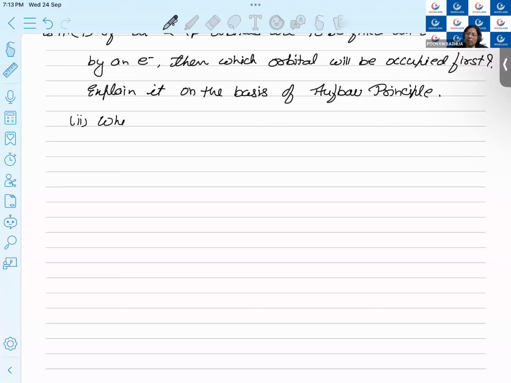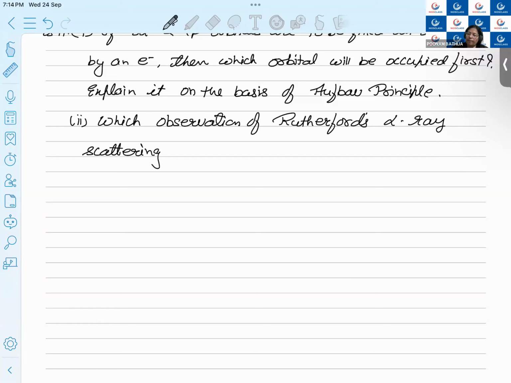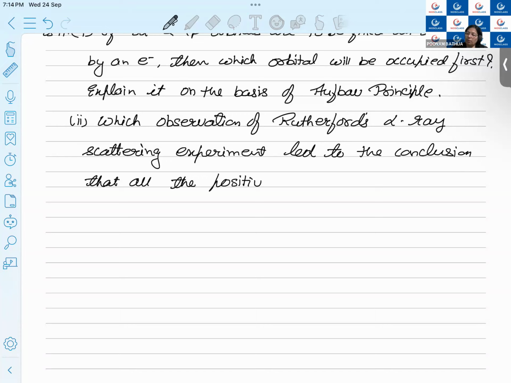Next, which observation of Rutherford alpha ray scattering experiment led to the conclusion that all the positive charge of atom was contained in the nucleus?